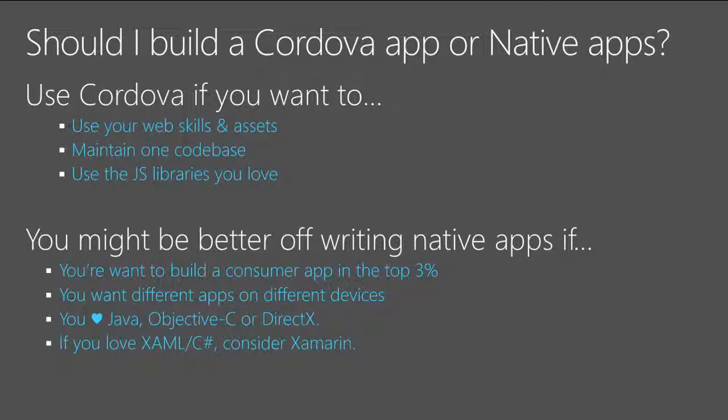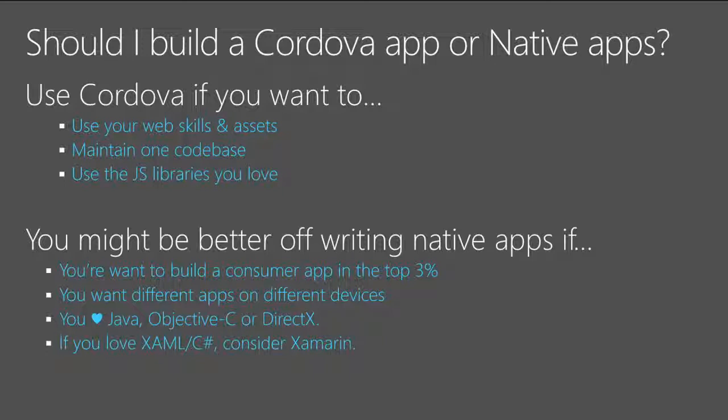There's absolutely good reasons to do it. If you want different apps for different devices, if you want to diverge your code base for each of the ecosystems, Cordova is going to provide you with a unified code base. Yeah, you could create a different version for each ecosystem, but it kind of nullifies the benefit of being able to work with HTML, CSS, and JavaScript.